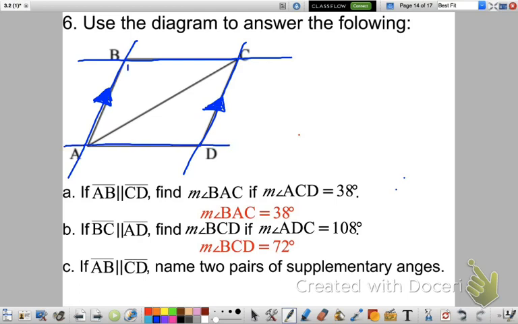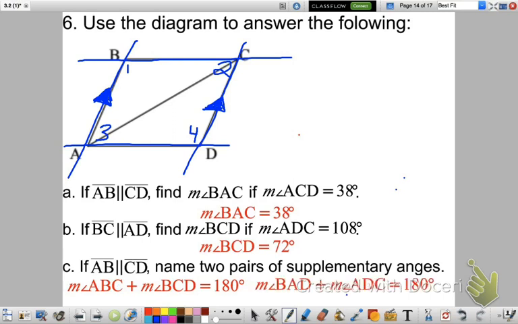So angle 1 would be supplementary to angle 2. And then angle 3 would be supplementary to angle 4. So I write an equation showing that angle ABC is supplementary to angle BCD, and that angle BAD is supplementary to angle ADC.